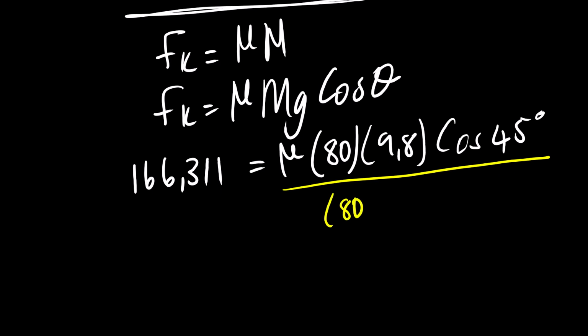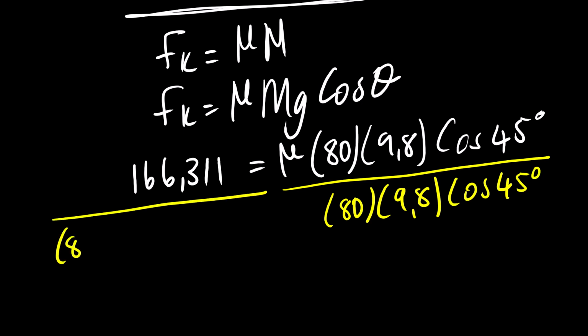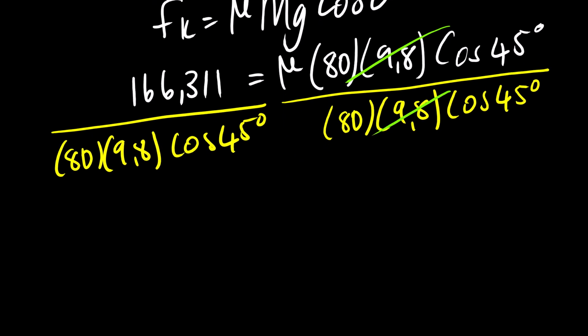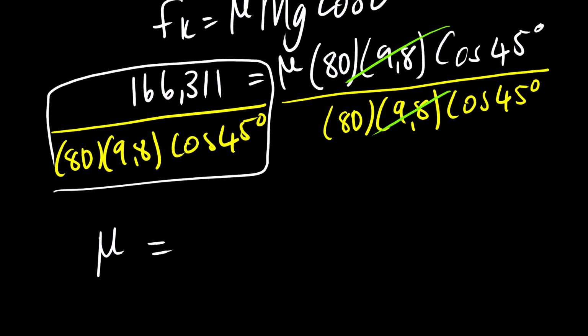Simply divide both sides by this. This will result in 1 multiplied by coefficient, it's coefficient. And then punching this on the calculator, the answer should be 0.3.